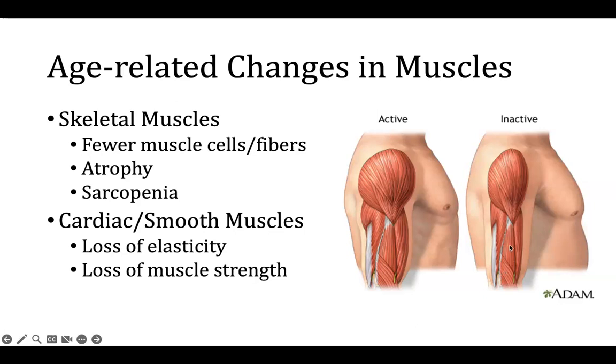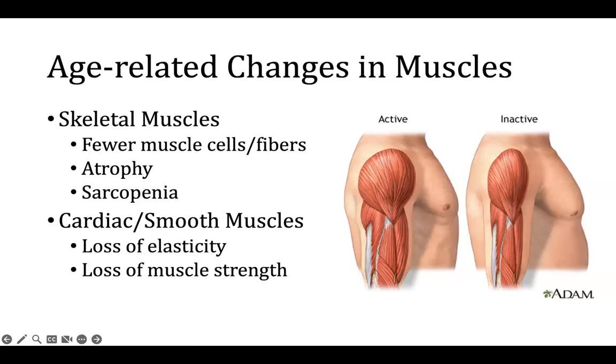With that atrophy can come the potential for falls, for any kind of damage that could occur due to that lack of muscle, lack of ability to pick up objects, or potentially pulling a muscle because of the atrophy. And also sarcopenia, which is a syndrome characterized by progressive and generalized loss of skeletal muscle mass and strength, and correlated with physical disability or poor quality of life.